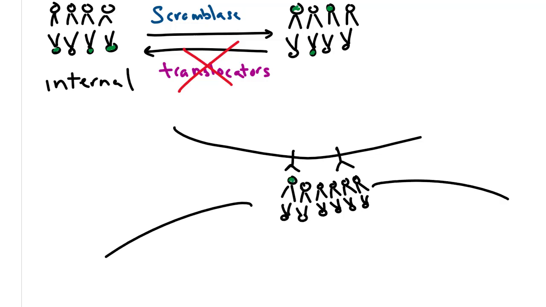And this will bind and recognize the phosphatidylserine that is now on the external leaflet, and that will send the signal into the immune cell to go ahead and phagocytose this dead cell and remove it from the environment.